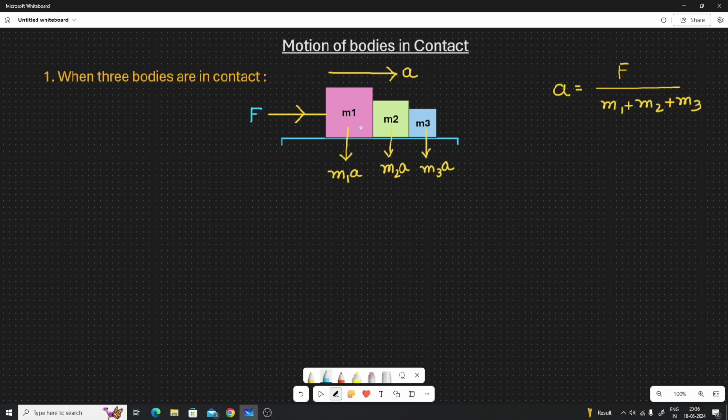Now, if you are asked what is the force acting between the two bodies m1 and m2, you can see from the figure that the force on m2 is m2a and the force on m3 is m3a. So these total forces m2a plus m3a are coming from this surface, and because this is the only contact of the rest of the bodies with m1, the force acting between m1 and m2 will be m2a plus m3a.